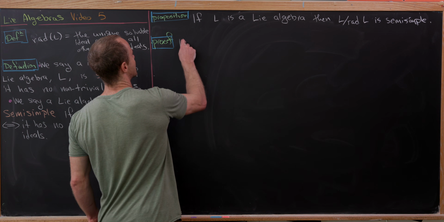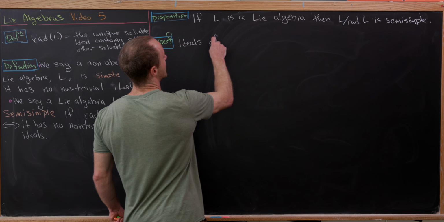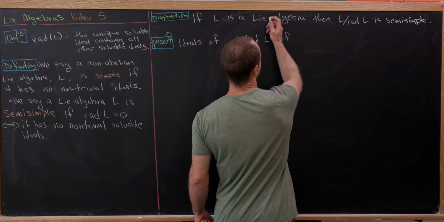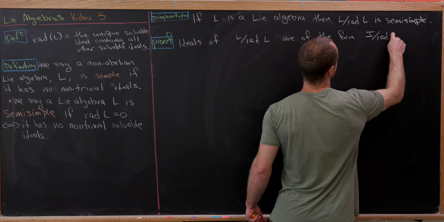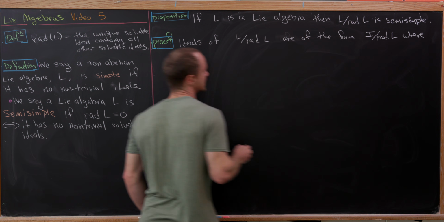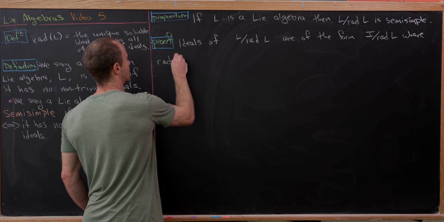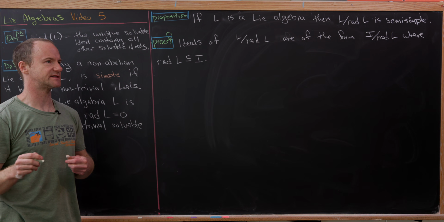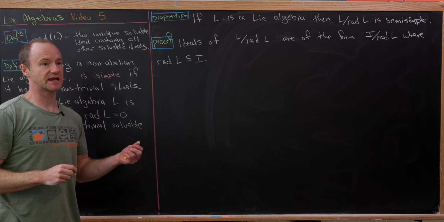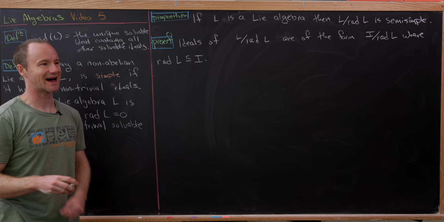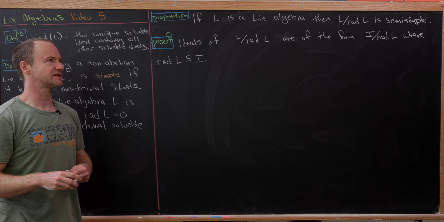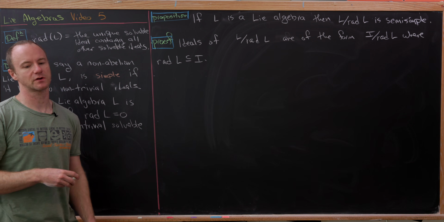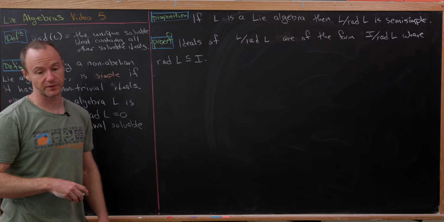So let's notice that ideals of L mod the radical of L are of the form I mod the radical of L, where the radical of L is contained in I. This is by a correspondence theorem for ideals inside of the quotient and ideals outside of the quotient, which is similar to something you learn about in ring theory. I don't think we proved it, but the statement and the proof are really similar to what you might see in ring theory or in group theory.